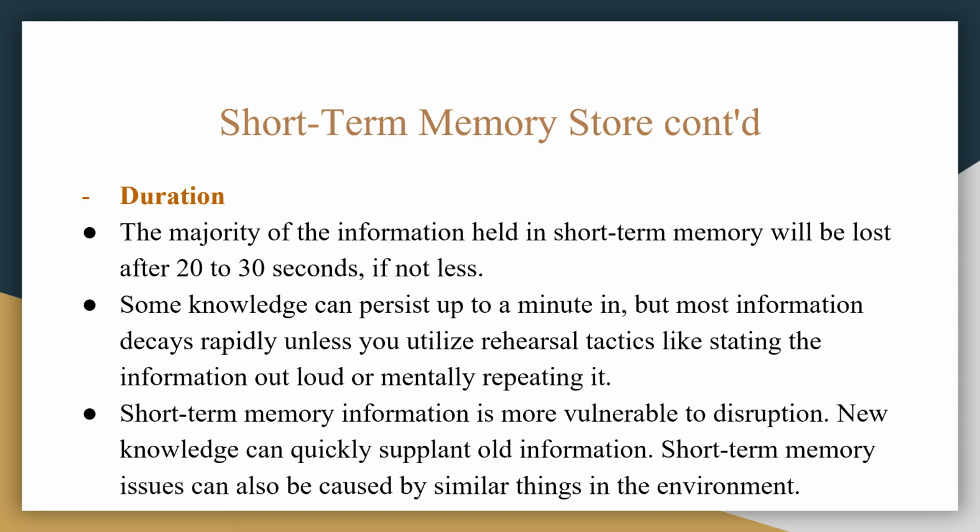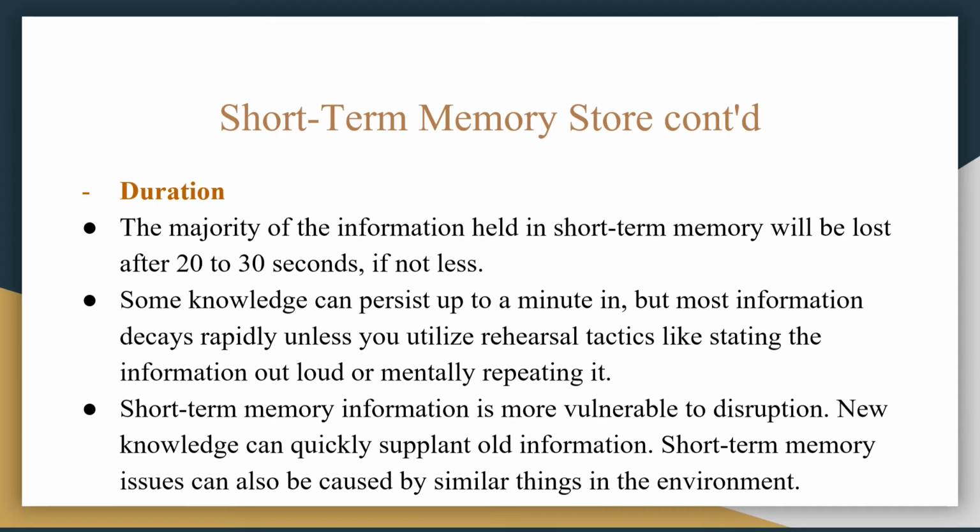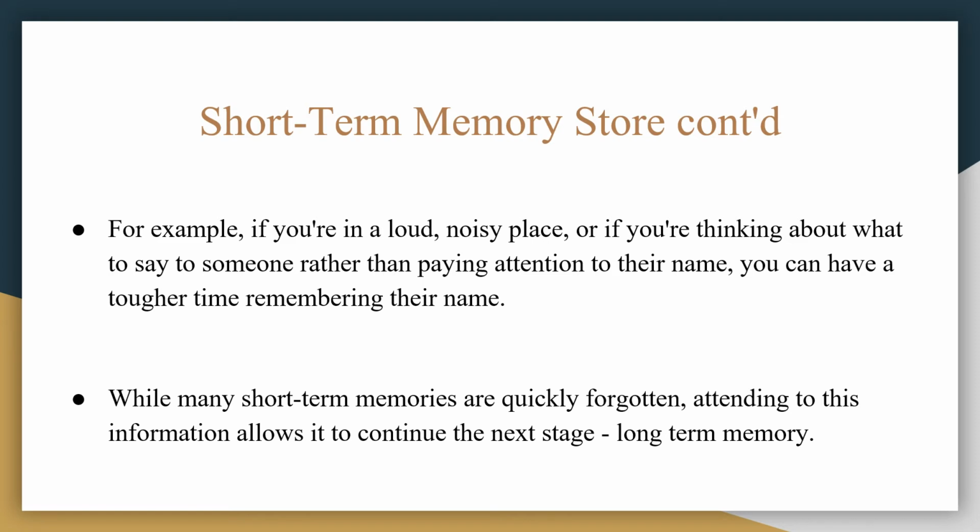Short-term memory issues can also be caused by similar things in the environment. An example of this is if you're in a loud, noisy place, or if you're thinking about what to say to someone rather than paying attention to their name, you can have a tougher time remembering their name.